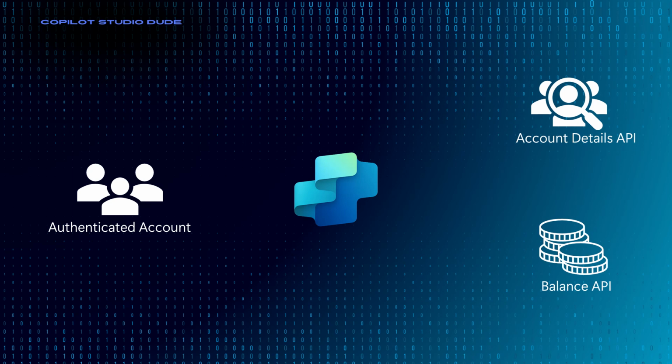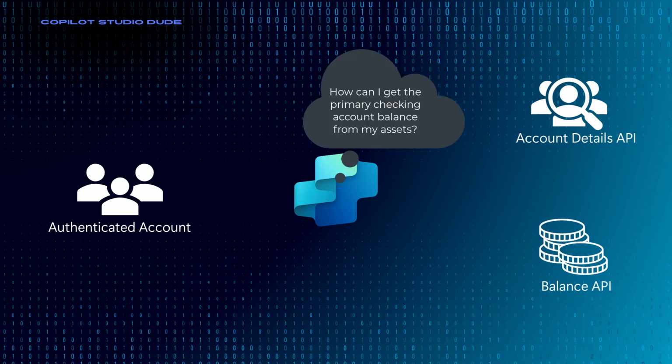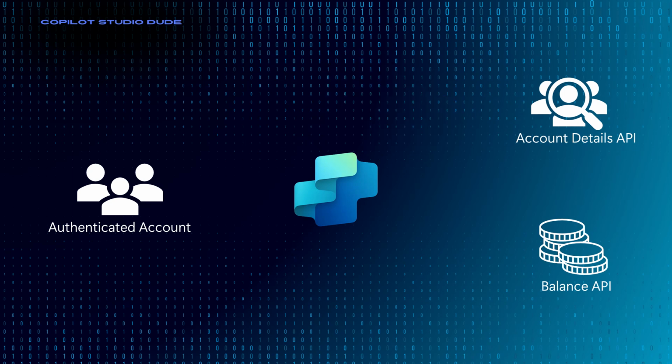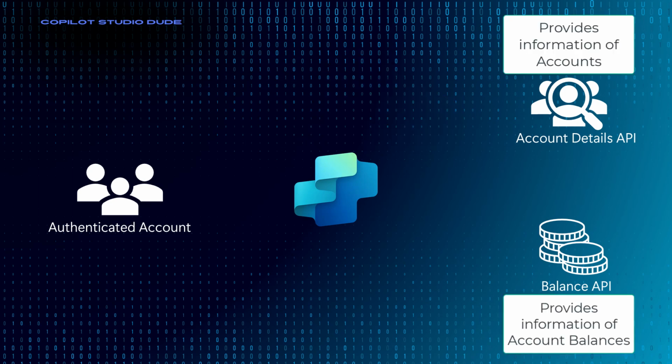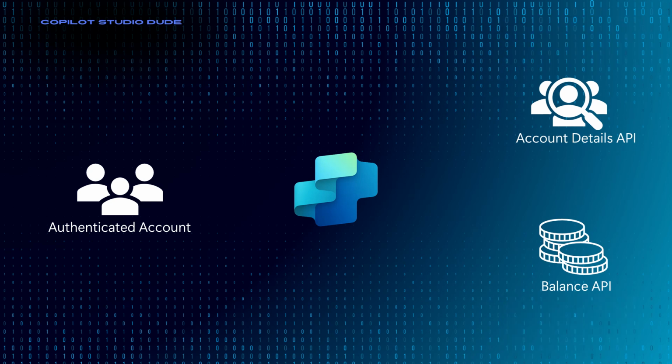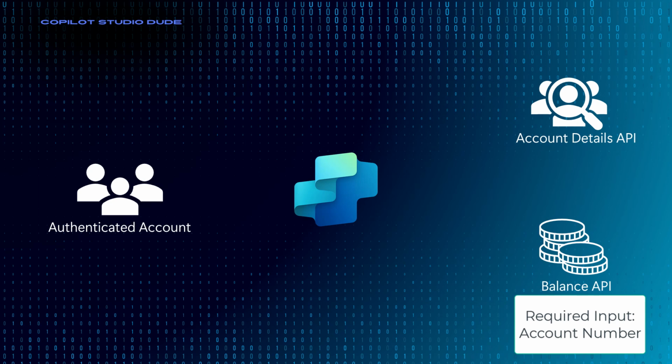Now, the planner is going to look at the assets that it has available inside of Copilot Studio, and it sees that to get the balance, I need to go to the balance API. That's an action that I've already built, and I know I can get the answer to the question from the user, but I don't have the inputs required because the balance API is going to need the primary checking account number as an input to be able to answer this question.